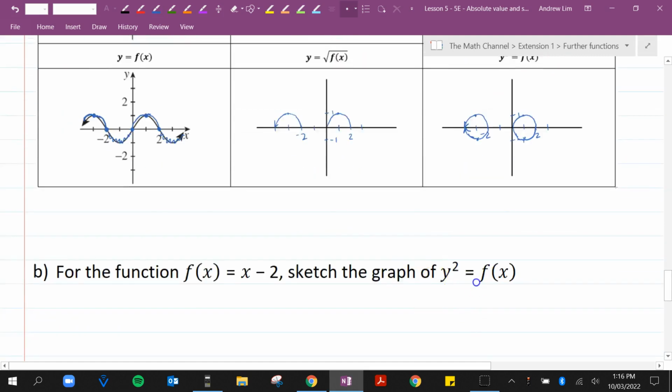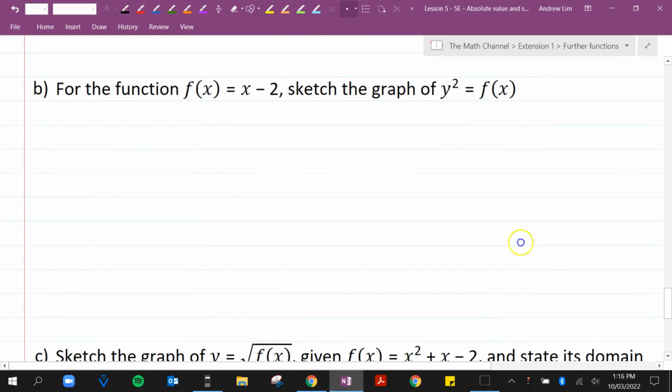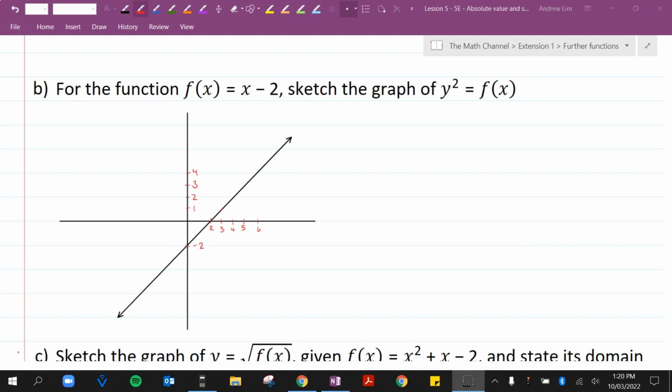Alright, 3 more questions. For the function f of x is equal to x minus 2, sketch the graph of y squared equals f of x. Maybe I'll get you to pause the video and have a go with this one. Okay, so here I've sketched f of x is equal to x minus 2. We know it's a straight line that goes through a y-intercept of minus 2.